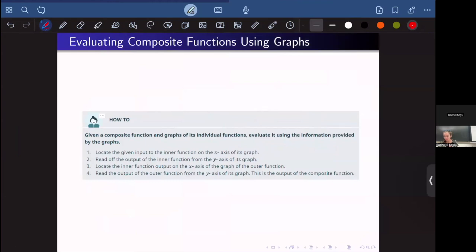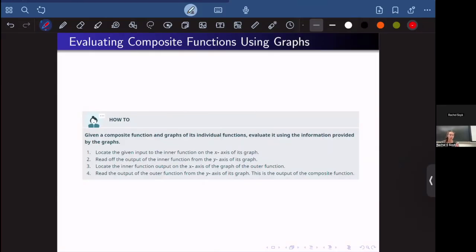So this is just the formalized notes. If you're given a composite function and you're asked to evaluate it using the information provided by the graphs. We just did a table example, but we'll look at a graphing example in a moment.